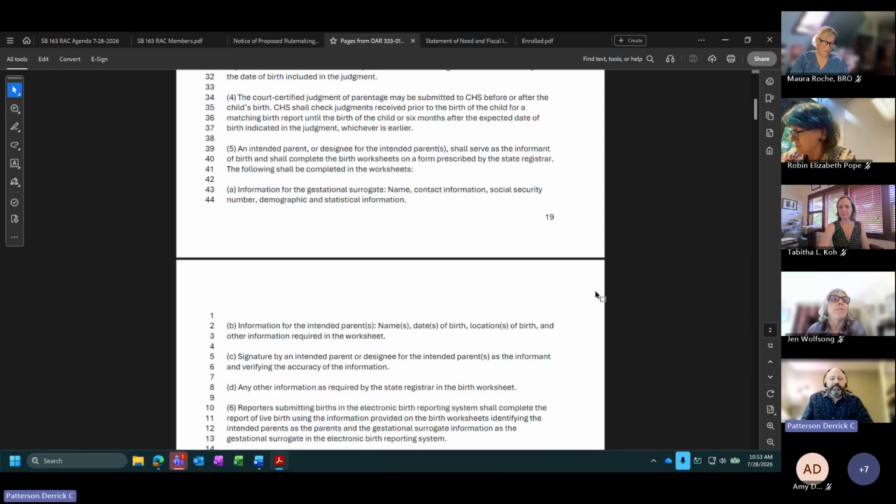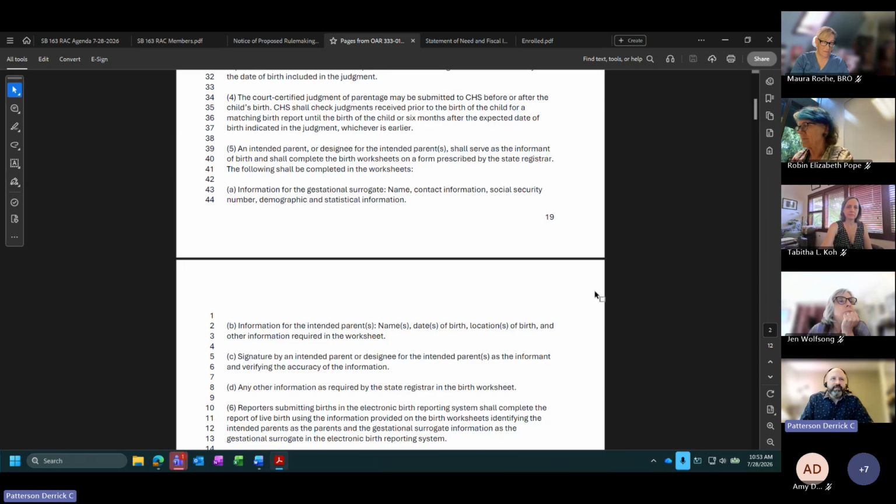Section 5, an intended parent or designee for the intended parents shall serve as the informant of birth and shall complete the birth worksheets on a form prescribed by the state registrar. The following shall be completed in the worksheets. A, information for the gestational surrogate, name, contact information, social security number, demographic and statistical information.